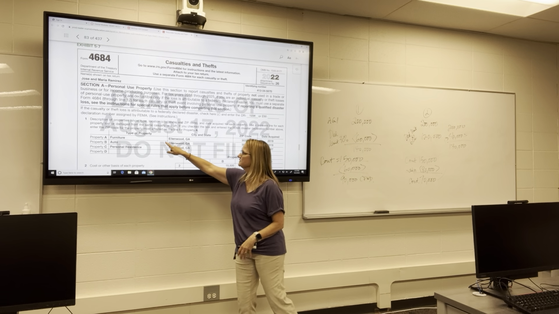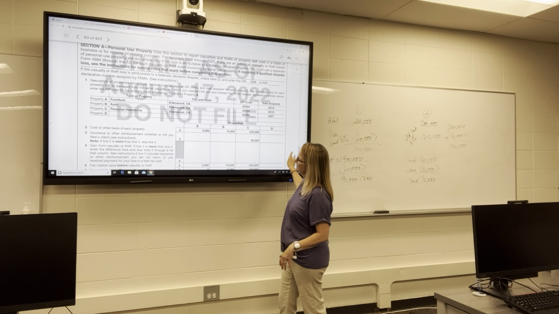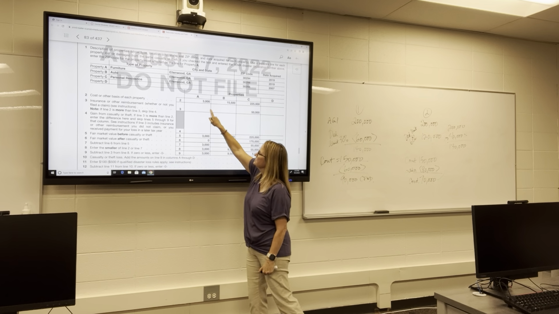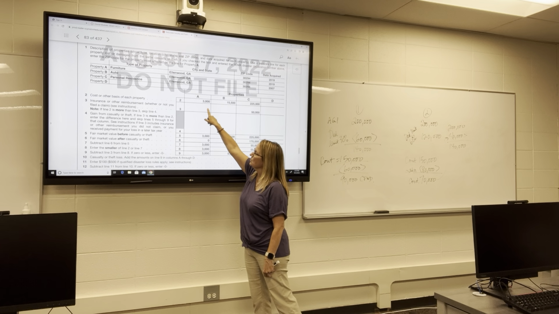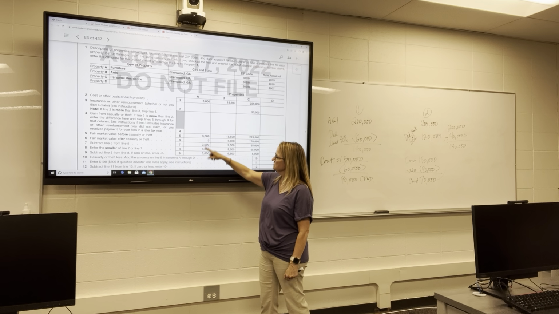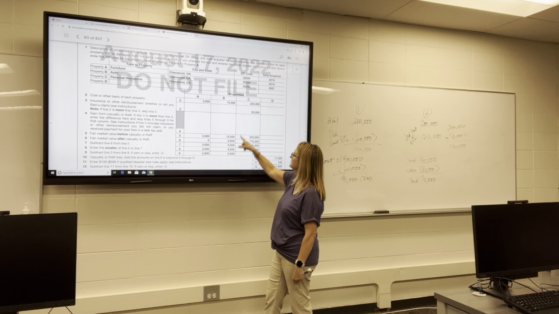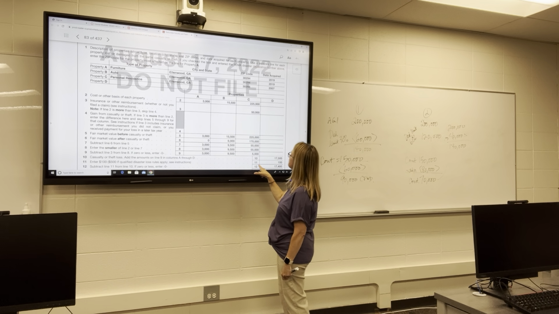You do have to describe the property and when it was acquired, and then here's the calculation for the limitations. So cost or basis, fair market value before the casualty, fair market value after. The casualty here was 3,000 for property B, the automobile, and the personal residence.